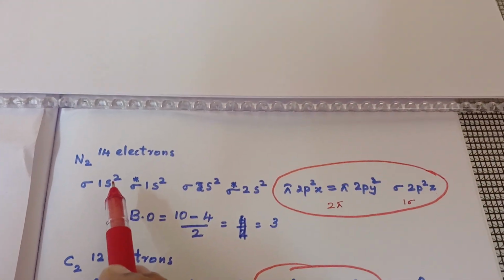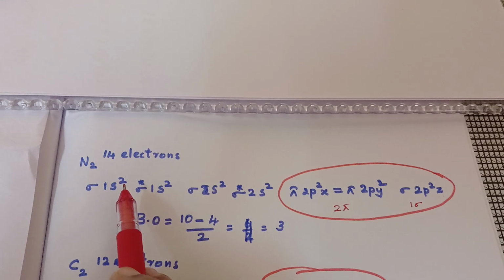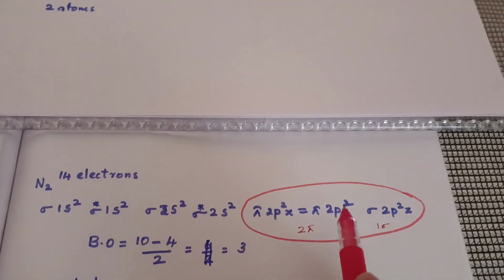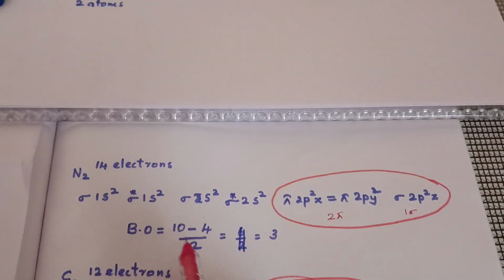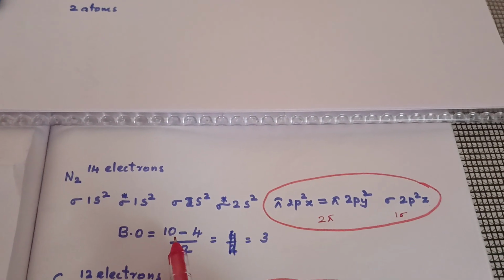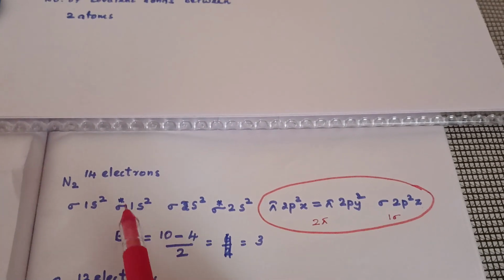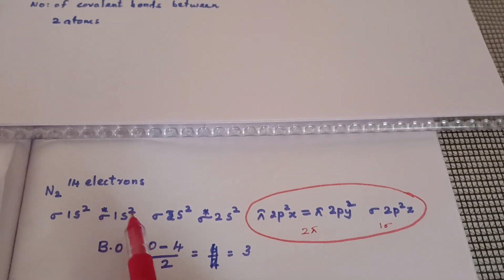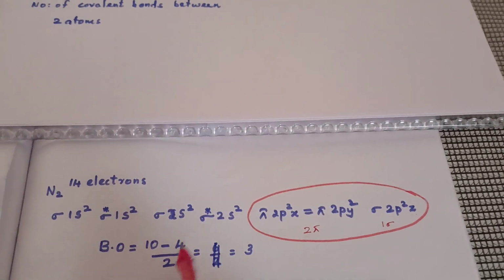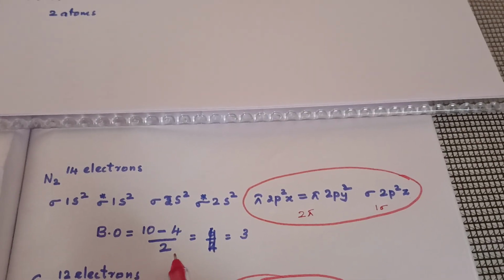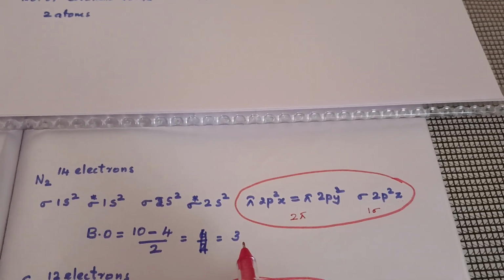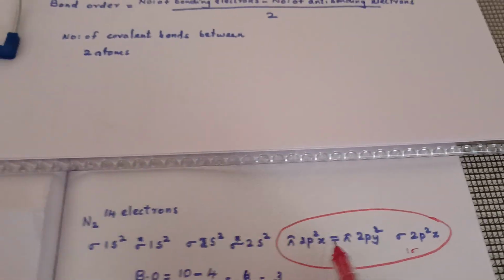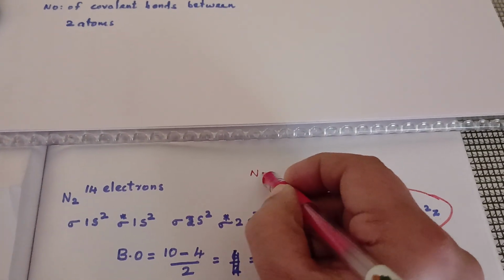Now let us count the number of electrons in the bonding orbitals. 2 plus 2, 4, 6, 8, 10. 10 electrons in the bonding molecular orbital. The anti-bonding orbitals, that is the ones with the asterisk: 2 plus 2, 4. So 10 minus 4 by 2, that is equal to 3. So there are 3 covalent bonds between these nitrogen atoms.